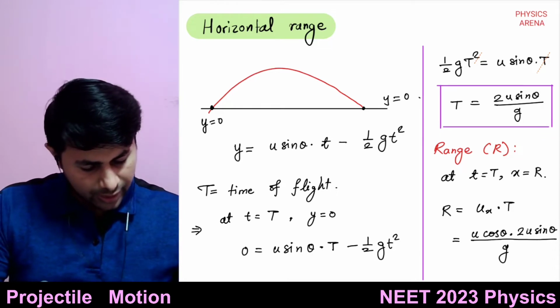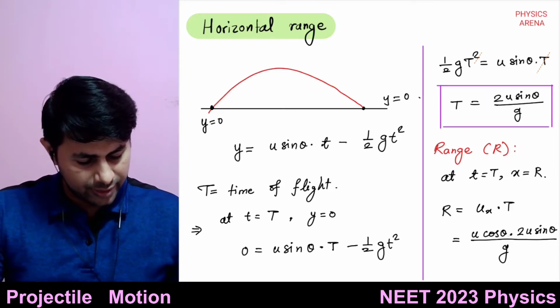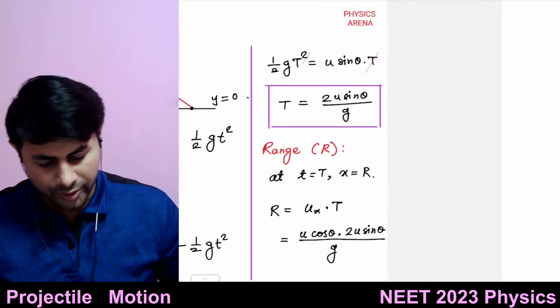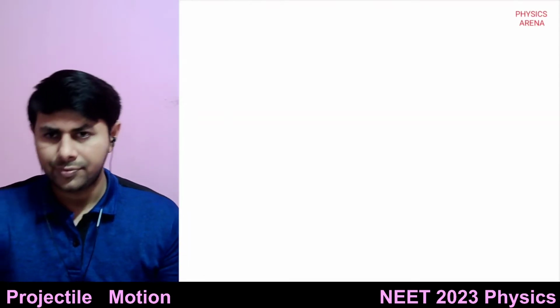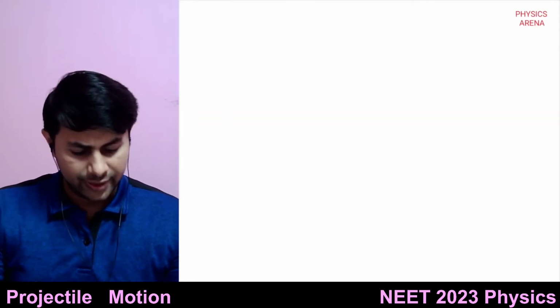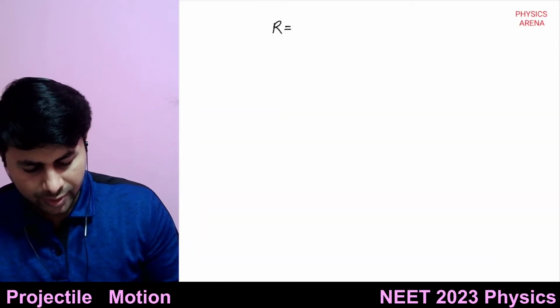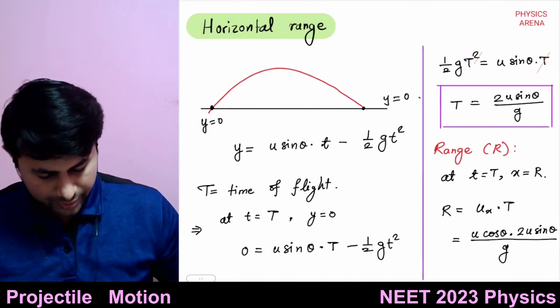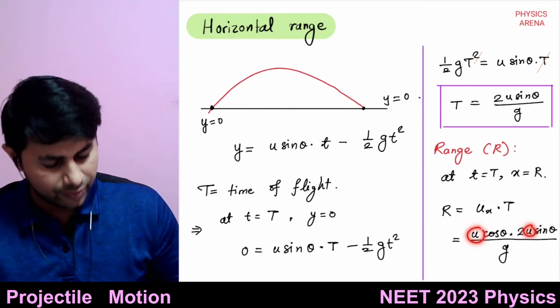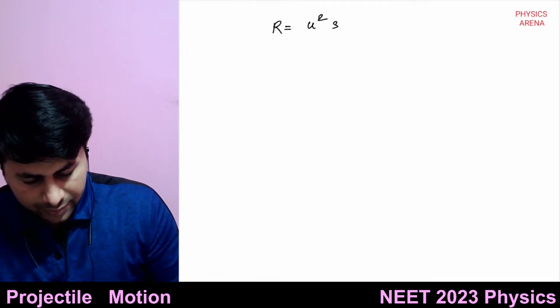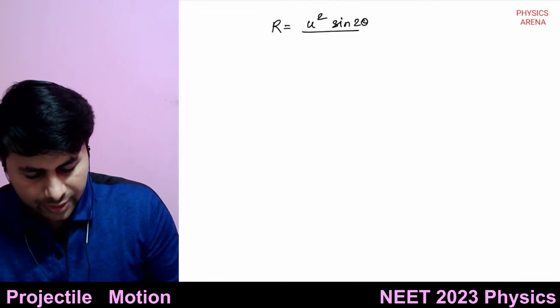And you can see, 2 sine theta cos theta is the formula for what? Sine 2 theta, right? So you get R is equal to u squared sine 2 theta divided by g.